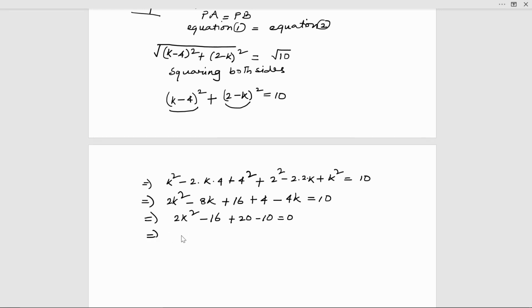Or we have 2k square minus 12k plus 10 equal to 0.